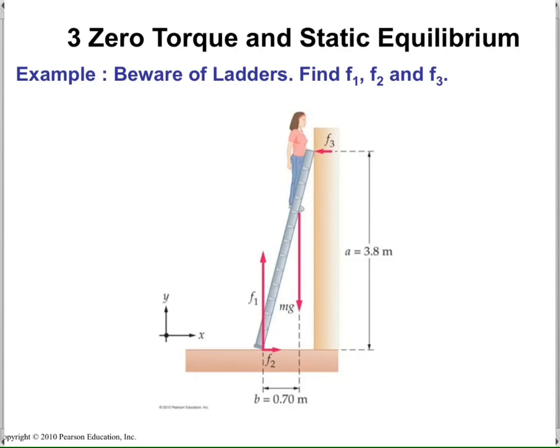Okay, last time I think I left off at this problem, and we were talking about the static equilibrium of objects. And remember, for an object to be in static equilibrium, if the object is extended, we require all linear forces acting on the object to be equal to 0.